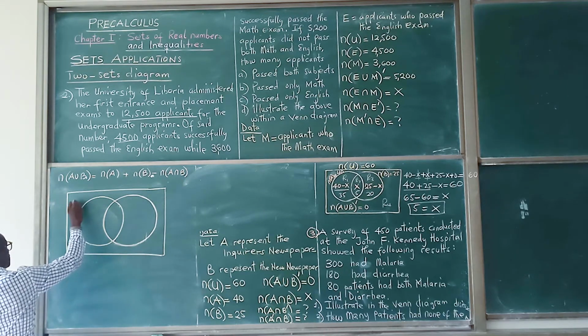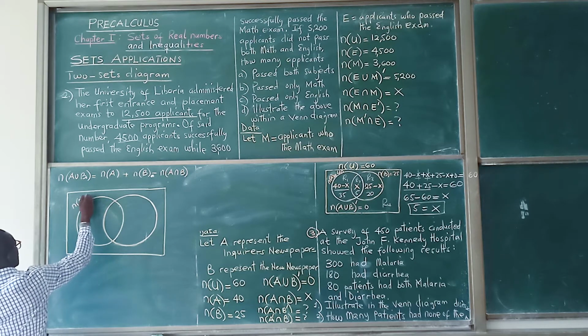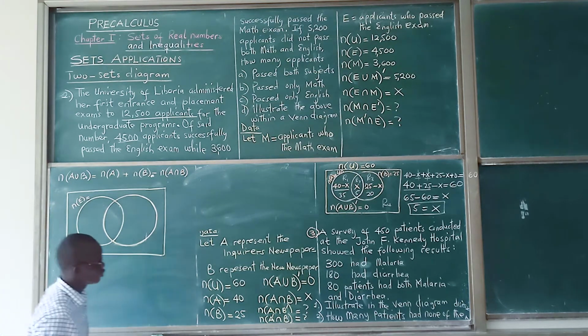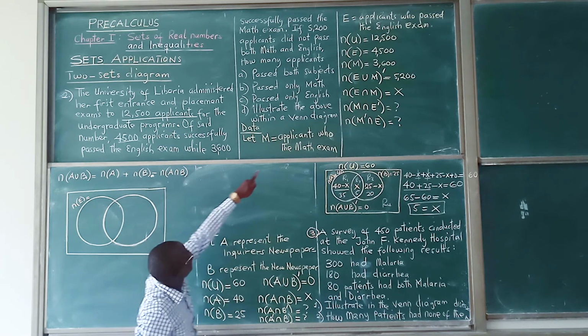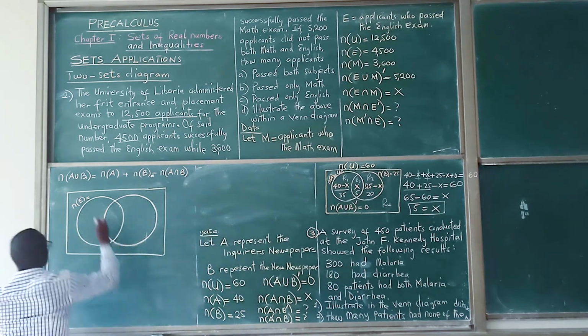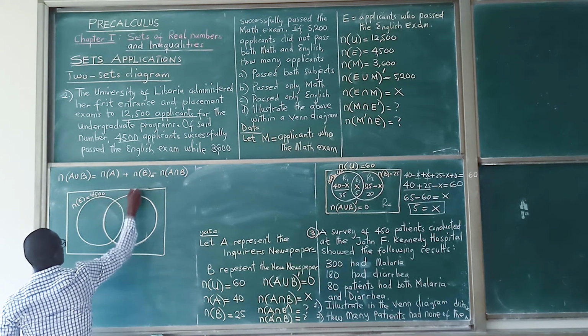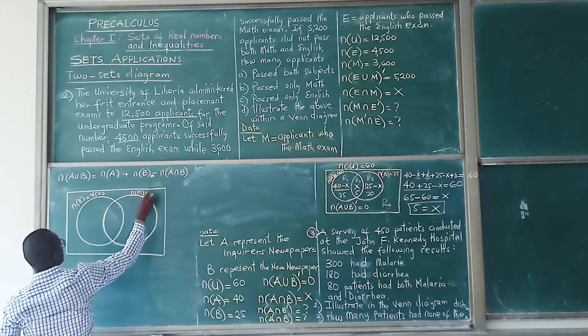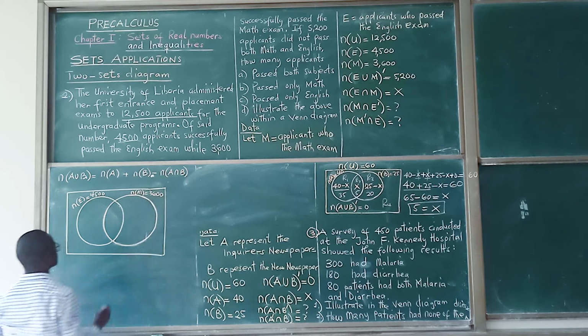We call this the number of students that pass English, which is 4,500. And this side, the number of students that pass math, is equal to 3,600.